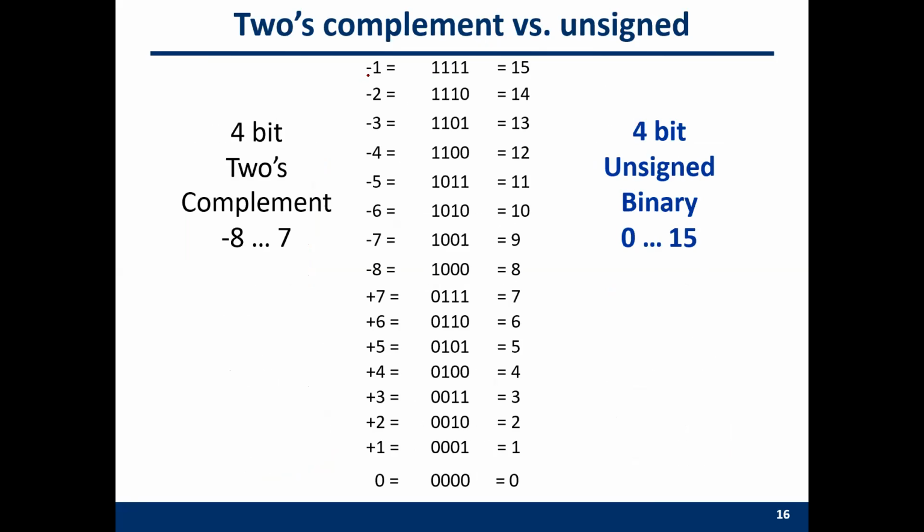This is a lookup table for you to look up the two's complement for all 4 bits. This part is unsigned, so this is an unsigned number. We do not need to consider any negative number here. This is signed two's complement. We have negative numbers and then positive numbers.